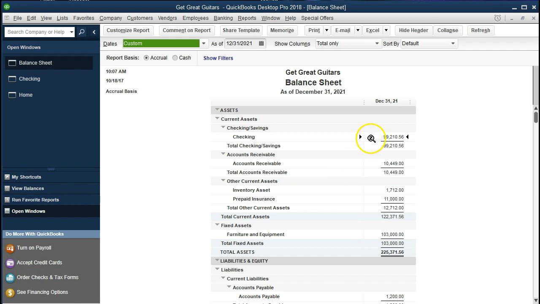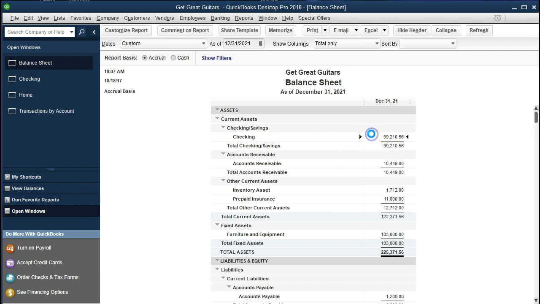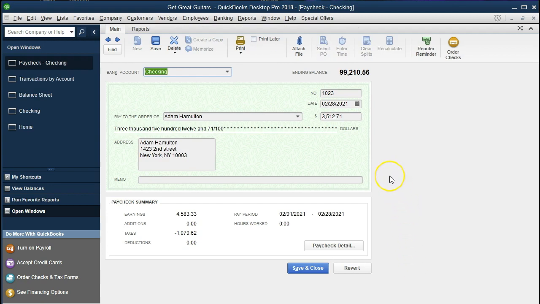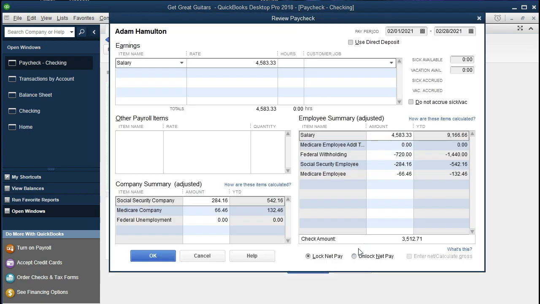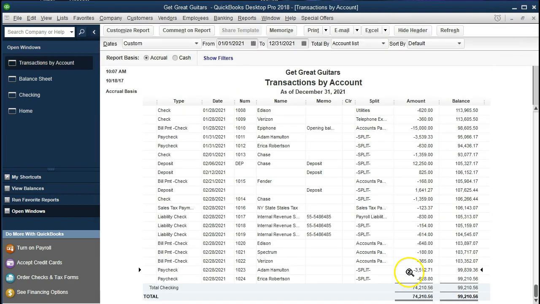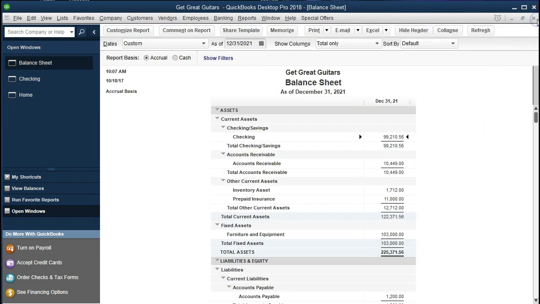Now we think the checking account went down, so we'll double check on the checking account. Scrolling down, we see our two paychecks here. If we double click on either of those, there's our information. If we want to see more detail, Paycheck Detail, we can see the information there. If we close out of this, close out of that, and close out of this, we are back to our balance sheet.